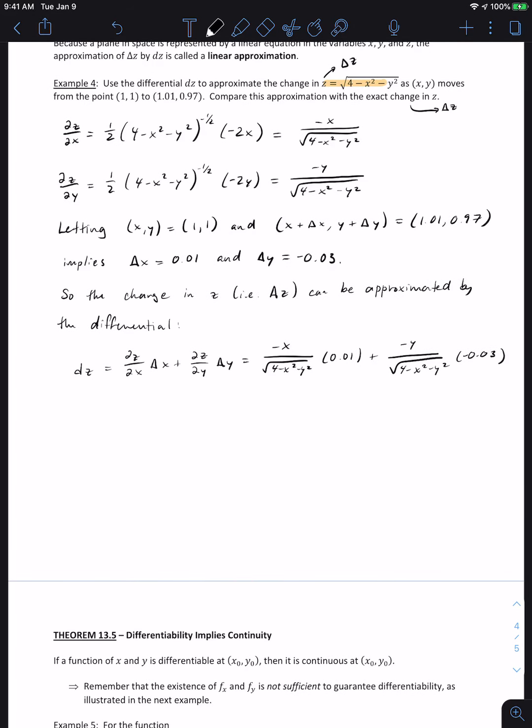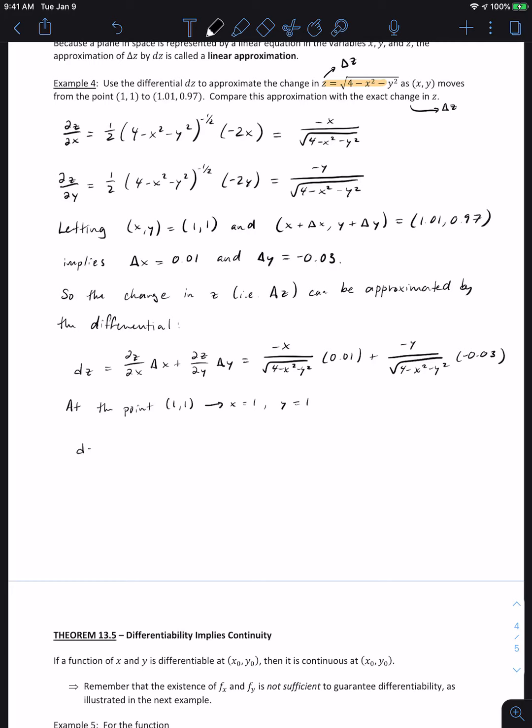Okay, so what point were we looking at? We were looking at the point (1, 1). So at the point (1, 1), we get that x equals 1 and y equals 1.